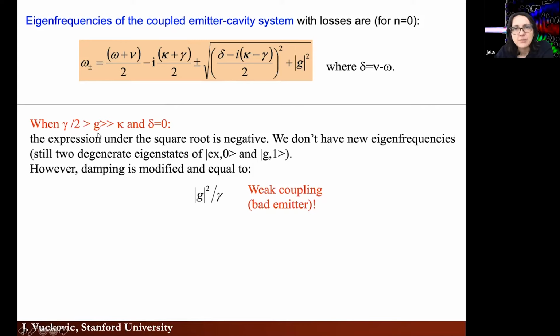If you have an emitter which is broad, if you have a situation where the atomic linewidth dominates over the coupling strength, right? So this is very different. It's not that kappa half is greater than G, but gamma half is greater than G, while the cavity is very, very narrow and the Q factor is extremely large. The Purcell factor does not hold.